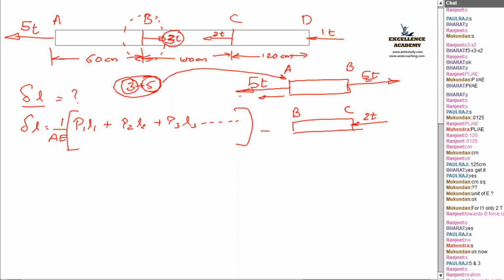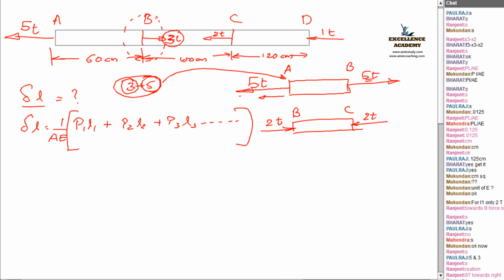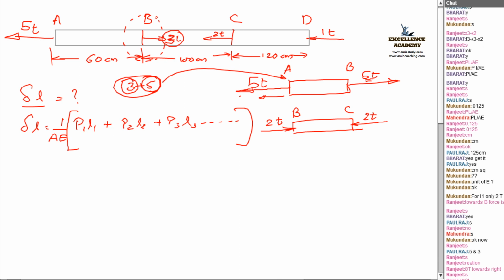So surely a reaction force from B will also be there. That is also 2T. Am I right? So 2T at the point B is over. Remaining, how much force is pending for B? Actually, it is 8.